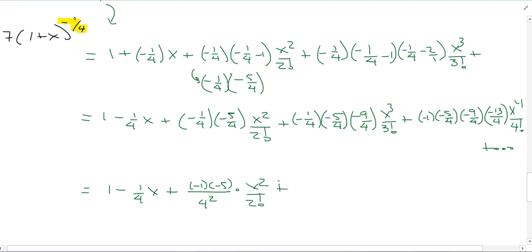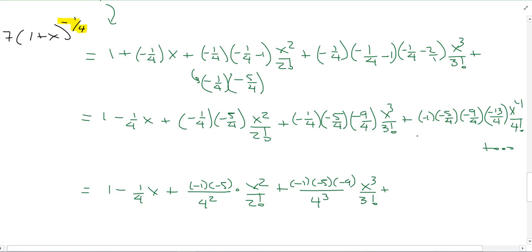Plus, what's the next one look like? When it's x cubed, right, I'm going to have x cubed over 3 factorial. Notice the power on the 4. 4 times 4 times 4 is 4 cubed. What do I have on the top? Minus 1 times minus 5 times minus 9. Plus, and you can kind of then see the pattern.